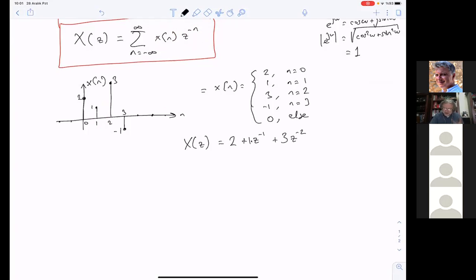Plus, or actually minus, because at 3 the value is minus 1, so it's minus 1 times z to the minus 3.